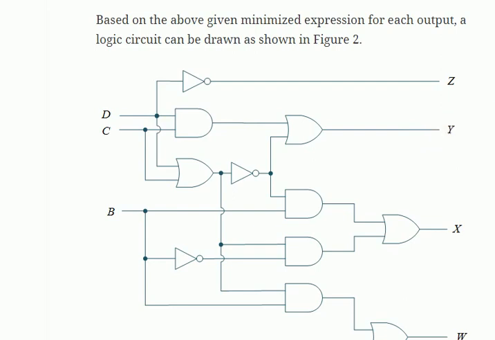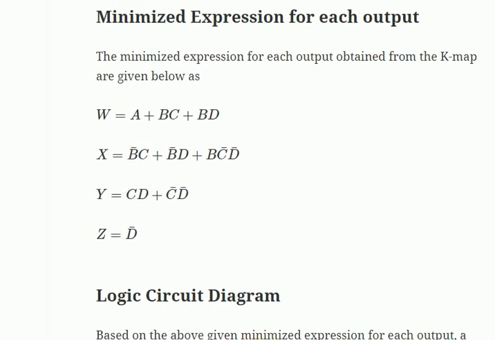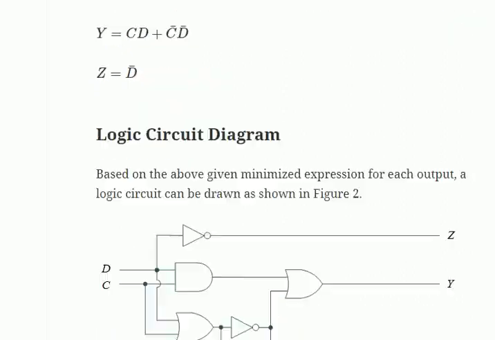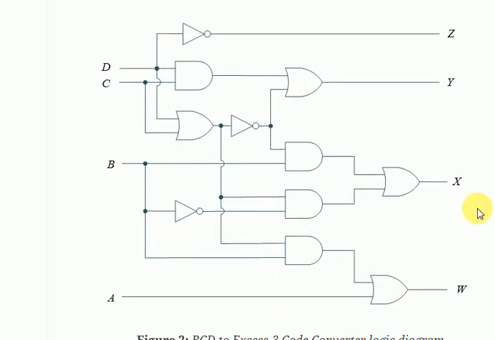Next is X, where X is equal to B complement C plus B complement D plus B C complement D complement. Here we get the value of X, and similarly we get the value of W. This is by using the basic gates.